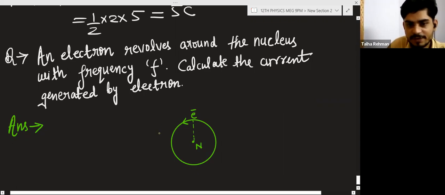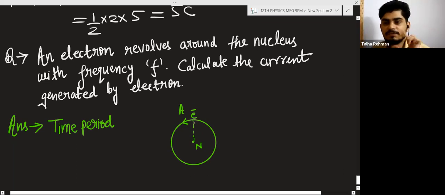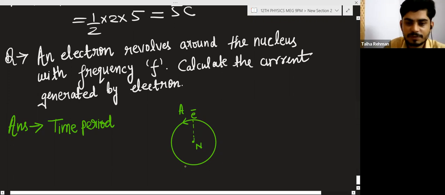And before that, I want to tell you the time period. What is the time period? Time period is related to frequency. Suppose the electron is at position A, and it starts moving with some velocity, and after that the electron will be again at point A. The time taken to complete one revolution is the time period of this electron.